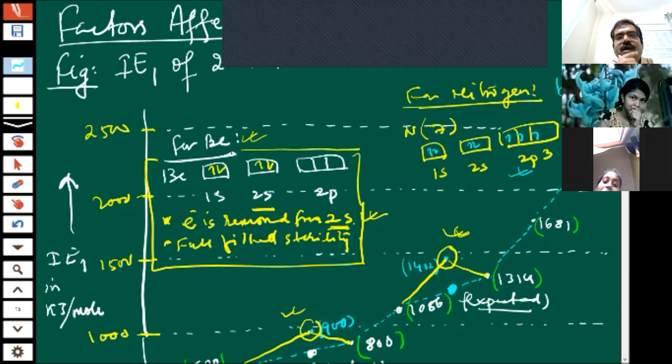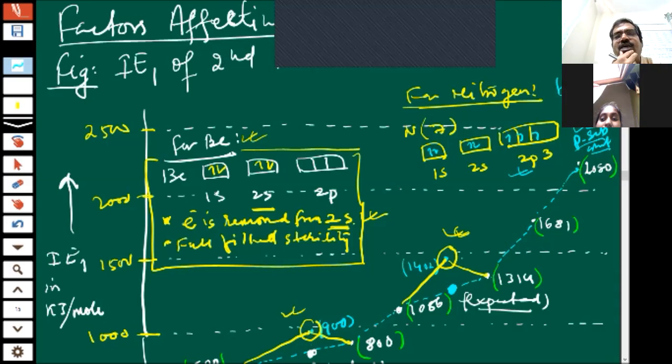Tell me, if I request the person from the general bogie that due to some reason I don't want to be in the AC bogie, could you please go to my seat, it is in AC, and let me enter the general bogie, will he accept the request or not?